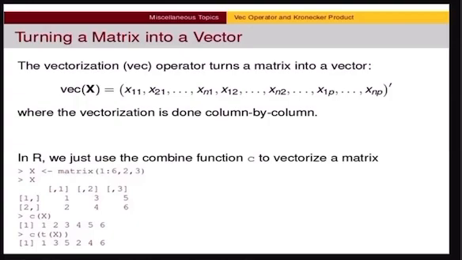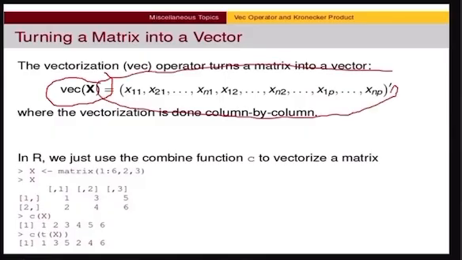Converting a matrix to a vector, you're actually going to use what I call transpose. Transpose is very crucial. If you take a look at what I have right now, X is a matrix itself, and I want to vectorize a matrix, and this is what I have.